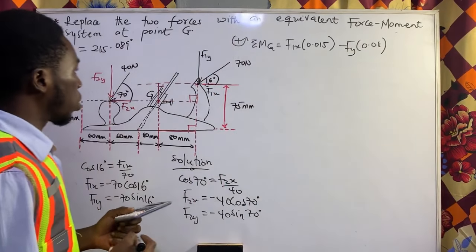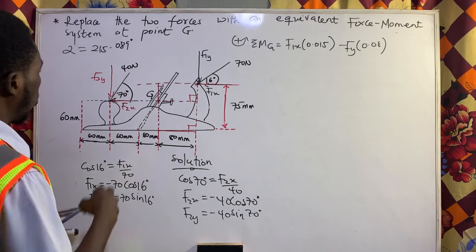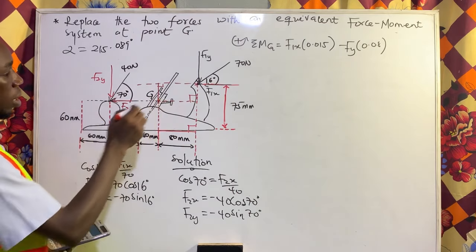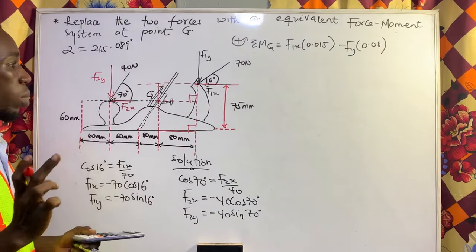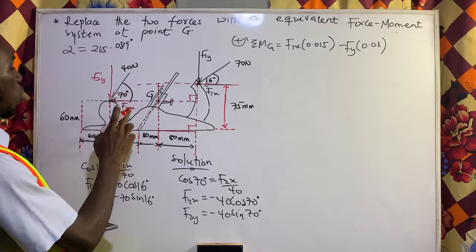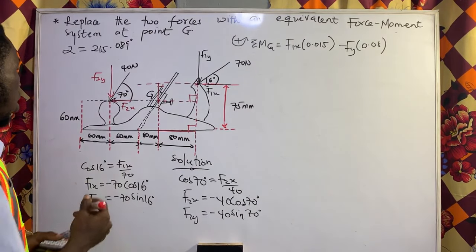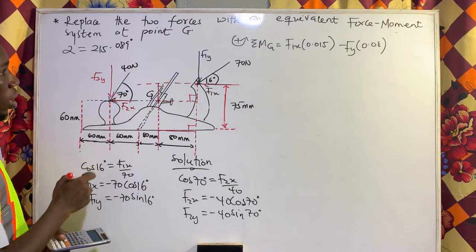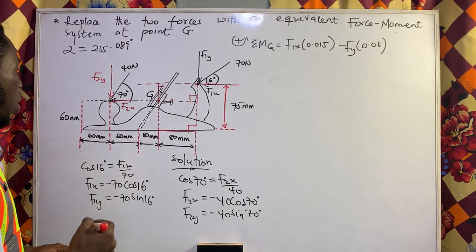Now let's continue. If you consider the x component of the 40 newtons, you see that the line of action passes through point G. What that means is that the force component is not going to cause any moment about point G. The moment will be zero because there is no perpendicular distance. Let's consider the y component, F2y. F2y will also cause a counterclockwise moment, which is positive.